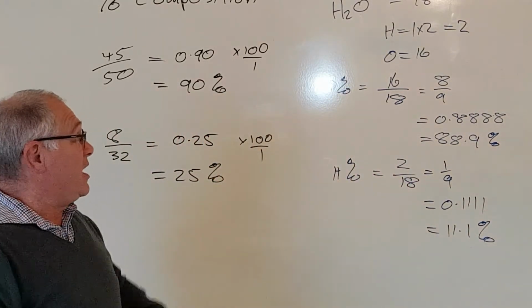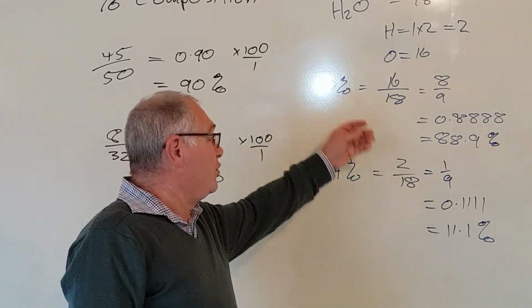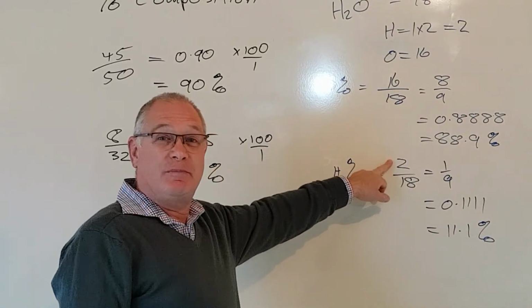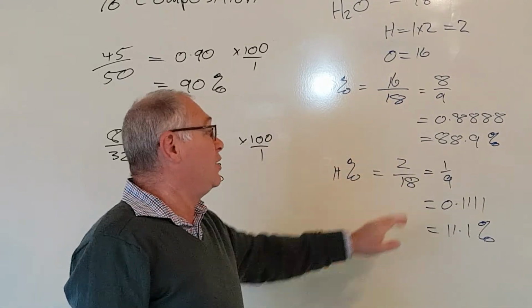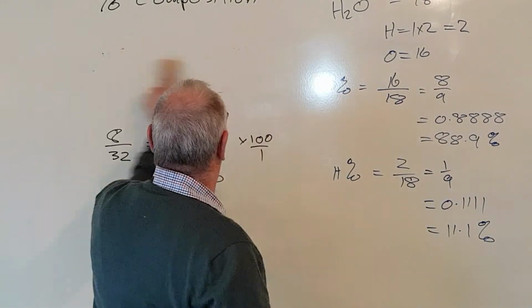So you can see now that the total mass of water is 18, and you make a fraction, you divide the mass due to the particular element by the total mass.